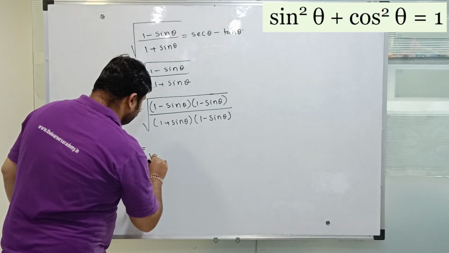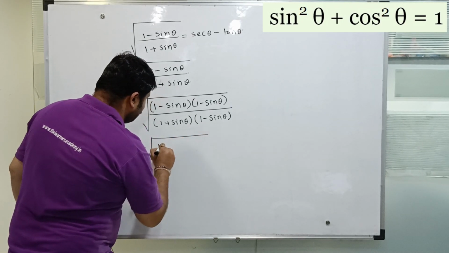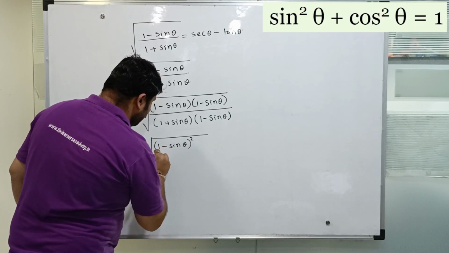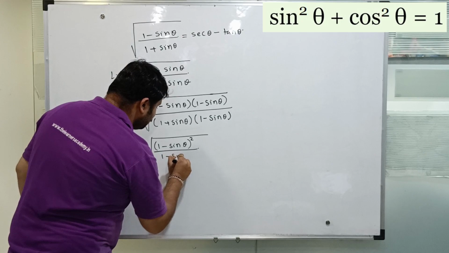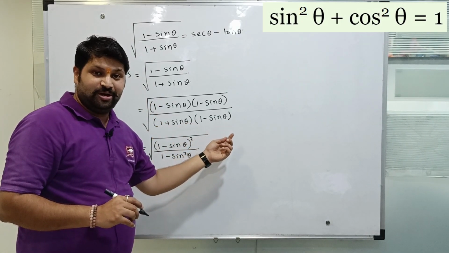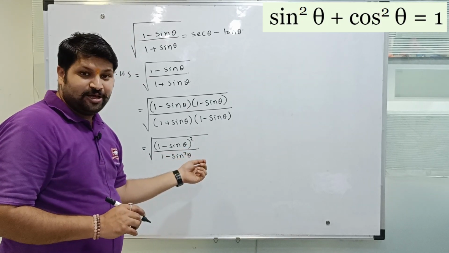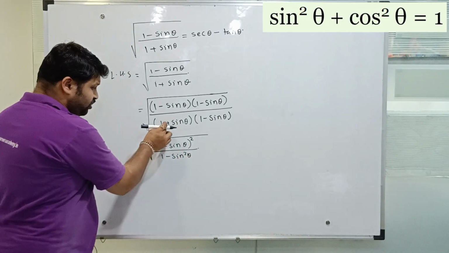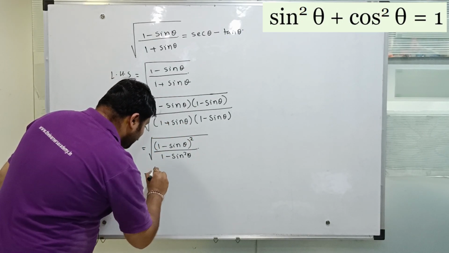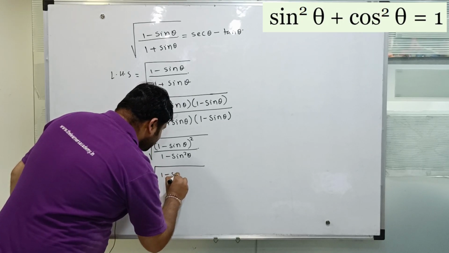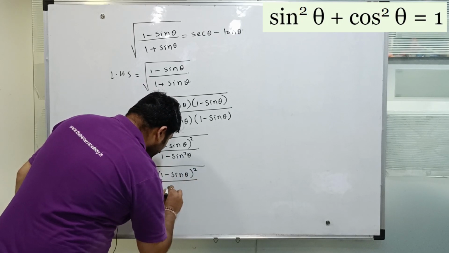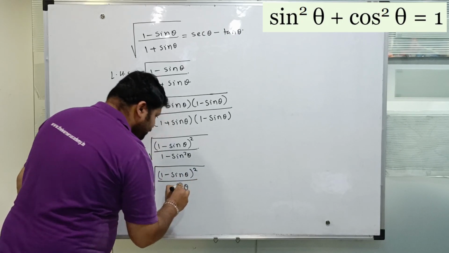It would give me root of 1 minus sine theta square divided by 1 minus sine square theta, because I am using the identity a plus b multiplied by a minus b is equal to a square minus b square. So square of this minus square of this. This further can be written as 1 minus sine theta square upon cos square theta.